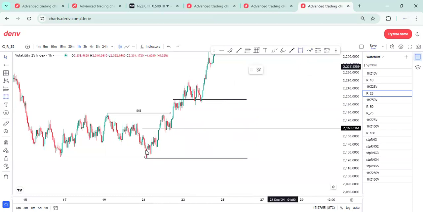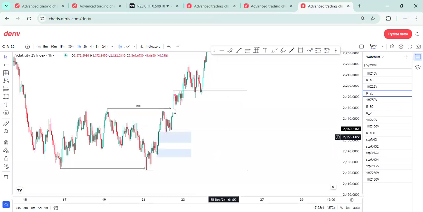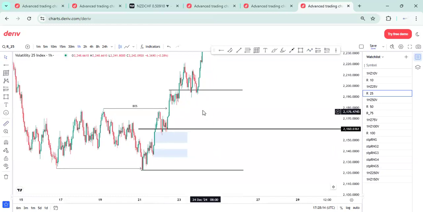We have this extreme order block as our first one, and then this fair value gap as our second POI. The market never came back there, so we didn't have a trade.